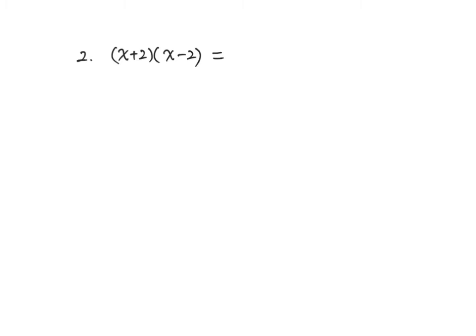So we can use the first term in the first bracket times all the terms in the second bracket, x times x, and x times negative 2. And we can also use the second term times all the terms in the second bracket, positive 2 times x, positive 2 times negative 2.